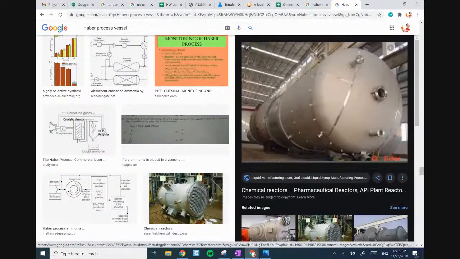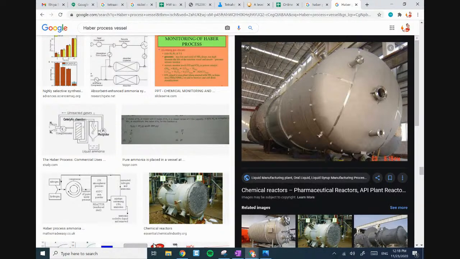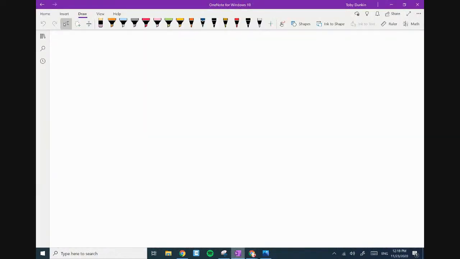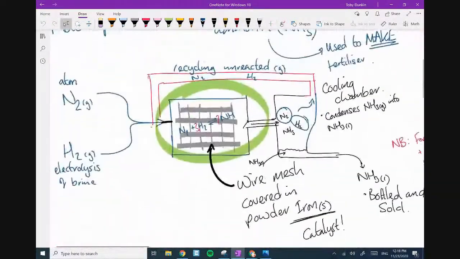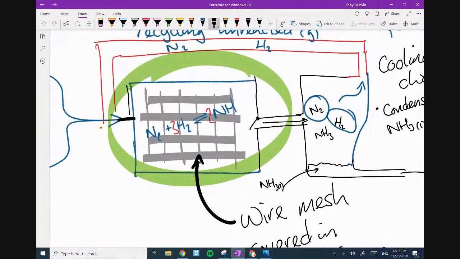So these vessels, there we go. That's a pharmaceutical reactor, but it'll probably be very similar to the Haber one. Can you see how thick the metal is? The metal's crazy thick. These things have to be incredibly tough, because they're making this vessel so thick that it can cope with these kinds of pressures.